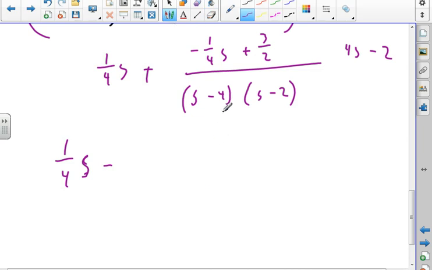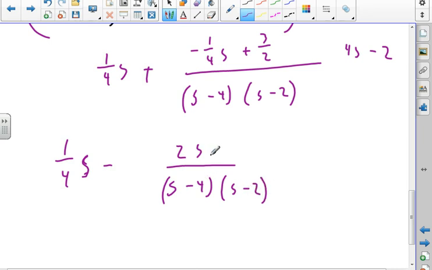Okay, so I want a 4 of 4 minus 2. So I want a 2s on top. So I want a 2s over s minus 4, s minus 2.